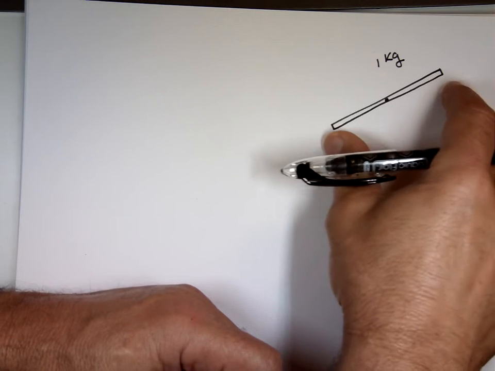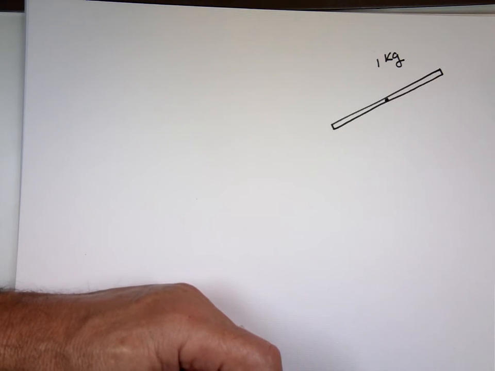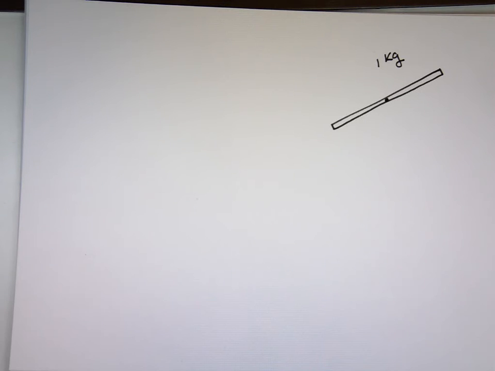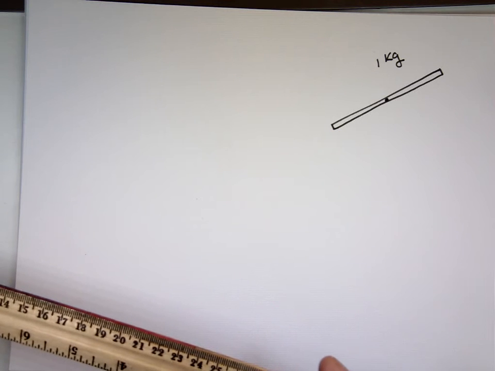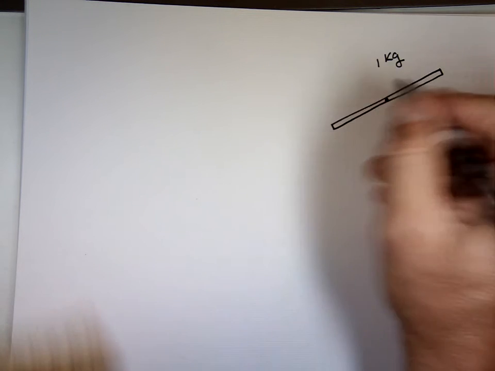How long is the blade? Usually 21, 22 inches for lawnmowers. So what is my ruler here? 22 inches. The radius would be roughly 10 inches. Let's say R equals 25 centimeters.